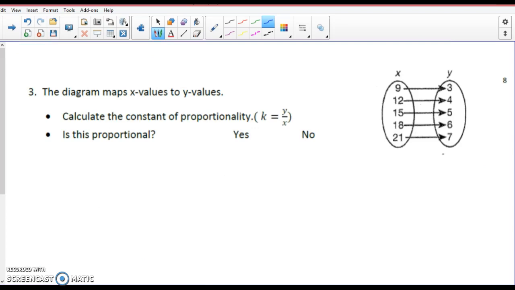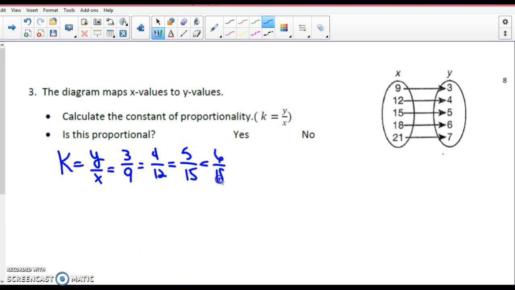Okay, here we go. Calculate the constant of proportionality for this mapping diagram. It's just a different way to show ordered pairs. Well, isn't K y over x? Let's plug this in. We'll have 3 over 9, 4 over 12, 5 over 15, 6 over 18, and 7 over 21.